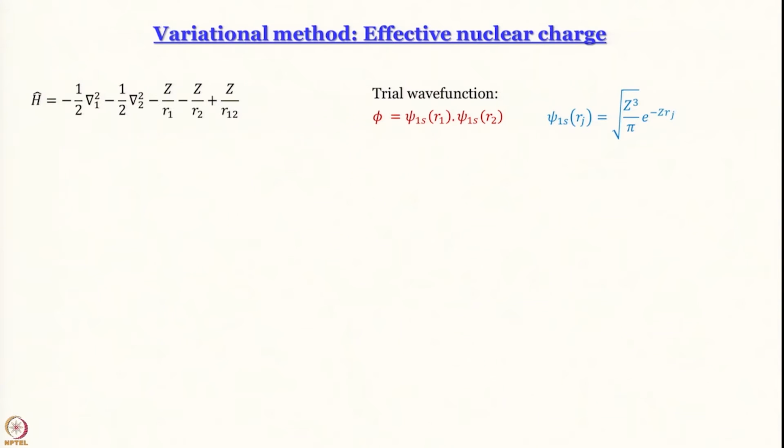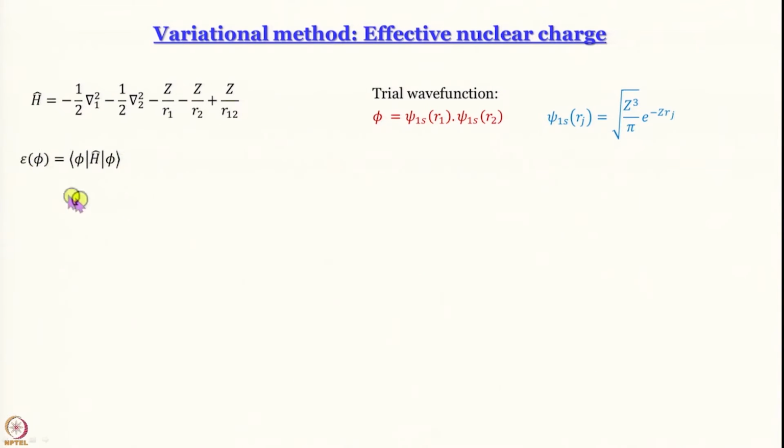Trial wave function again is the same wave function that we had in our orbital approximation, the 1 electron hydrogenic wave function orbital. Next thing to do in the variation method, as we know, is to find out this functional epsilon of phi, which is a similar expression as energy, just instead of the exact wave function psi, we are using the trial wave function phi.